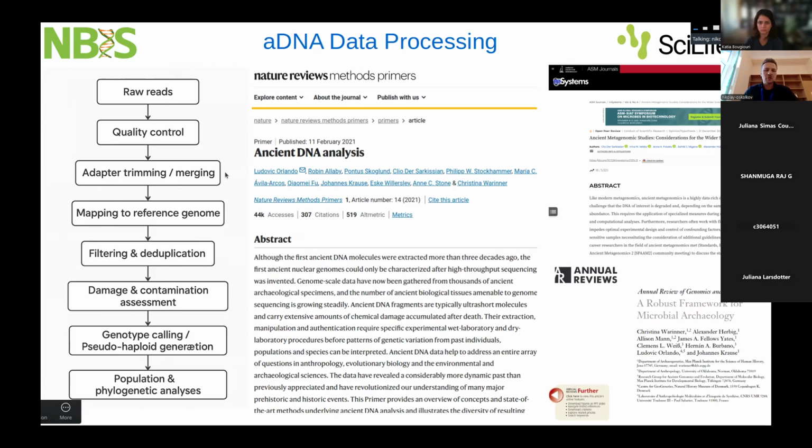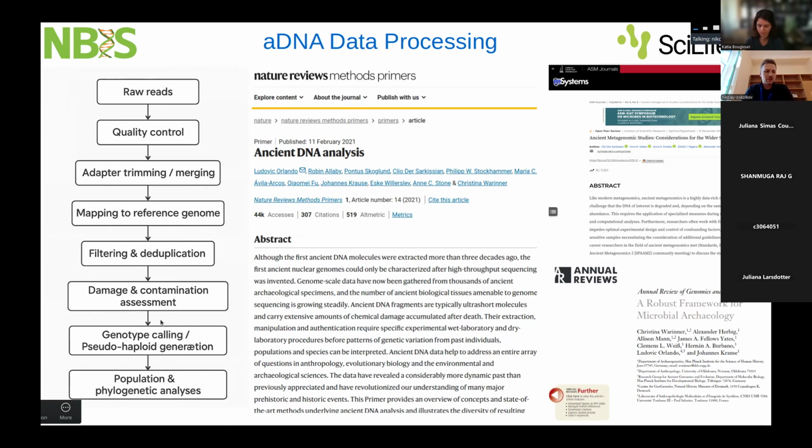You probably have this unique merging step where overlapping read pairs, if you do paired-end sequencing, because your DNA fragments are very short, sometimes read one and read two can be merged together. That's quite unique. People don't do it with modern DNA.